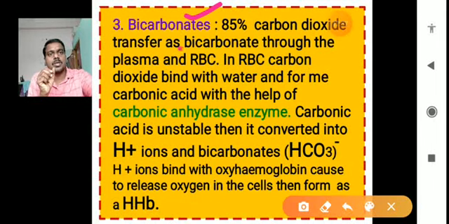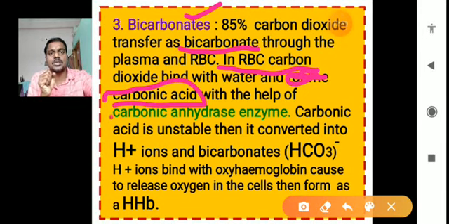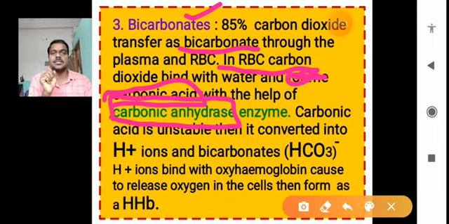Again in the RBC, carbon dioxide binds with water and forms carbonic acid with the help of an enzyme called carbonic anhydrase. So 85% of the carbon dioxide is converted into bicarbonates with the help of carbonic anhydrase.